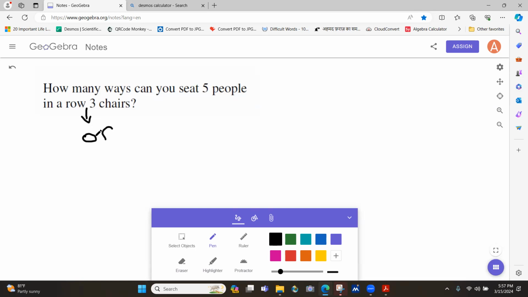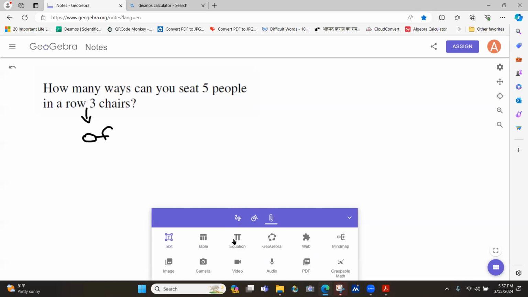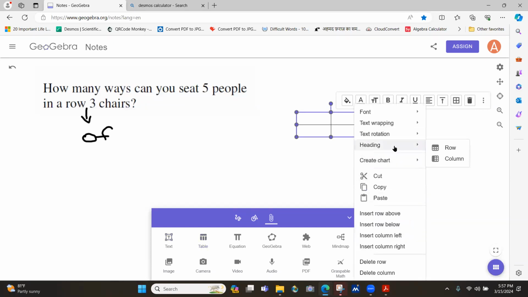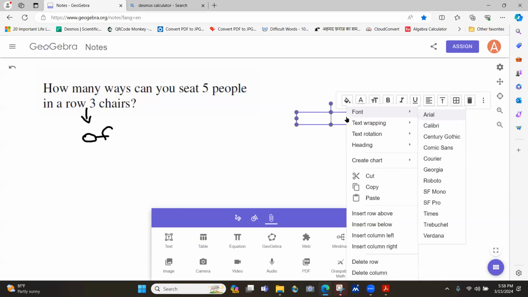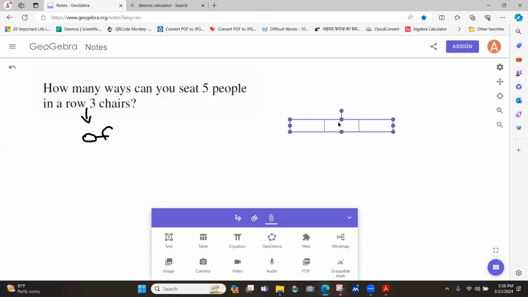Okay, so these are my 3 chairs. How many ways can I choose a person for the first chair? 5. There are 5 people.